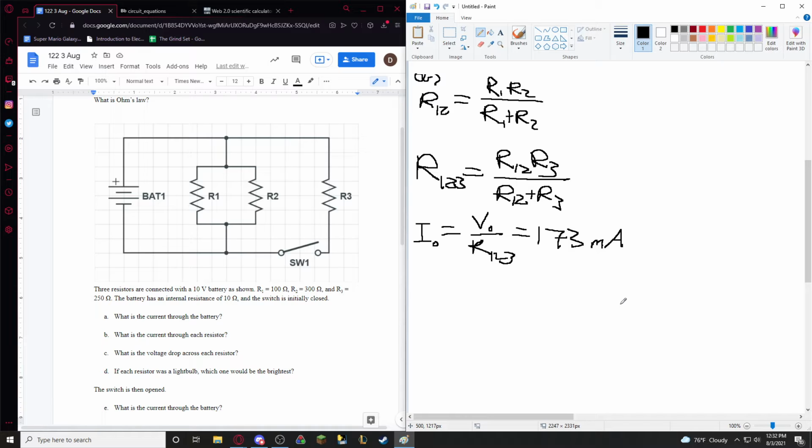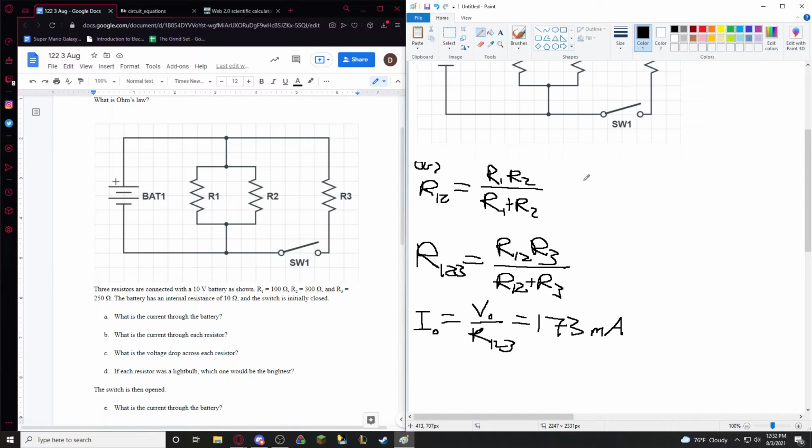I'll give you a hint. I think it's easier to find the voltage first. Since they're parallel almost throughout, wouldn't the voltages be the same? And what voltage would that be? 10. Exactly. All of them have a voltage of 10 volts.